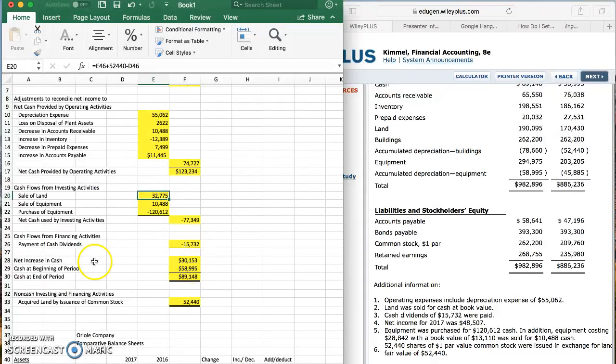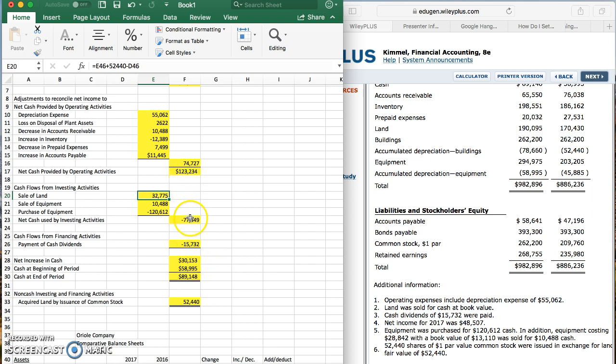Just enter that there. So in order to find the net increase in cash, you add the net cash provided by operating activities and the net cash used by investing activities, and then this would be the net cash used by financing activities.